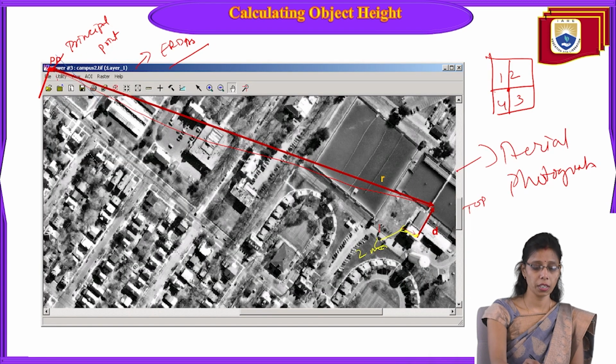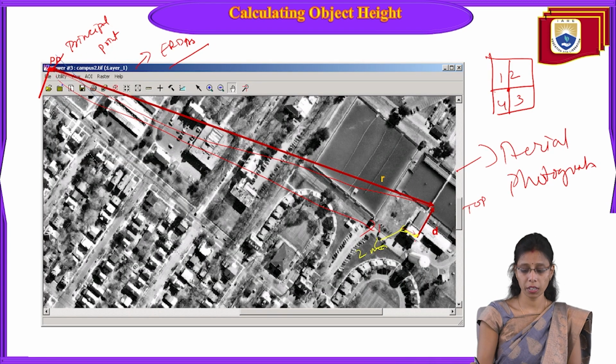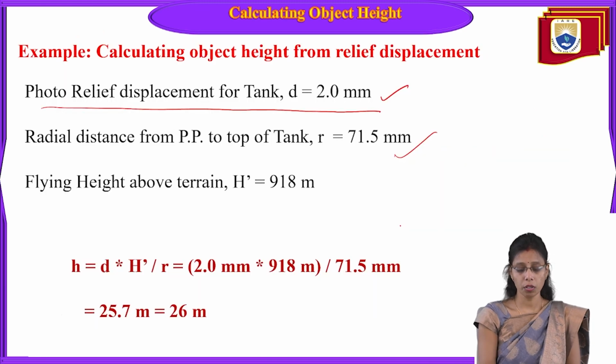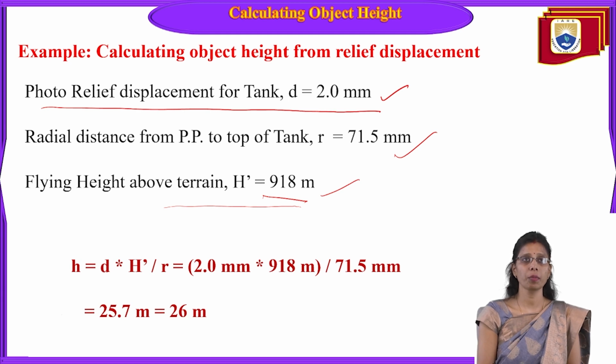So now we know the flying height of the plane. The flying height of the plane is 918 meters. So we know the flying height and we have measured the relief displacement, 2 mm, and the radial distance from the principal point to the tank, 71.5 mm.